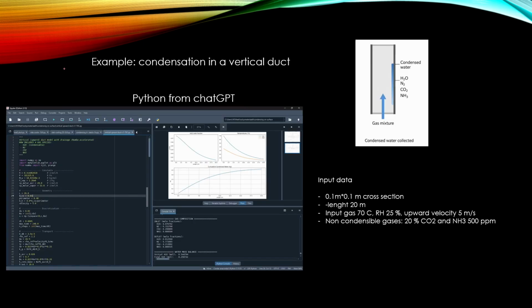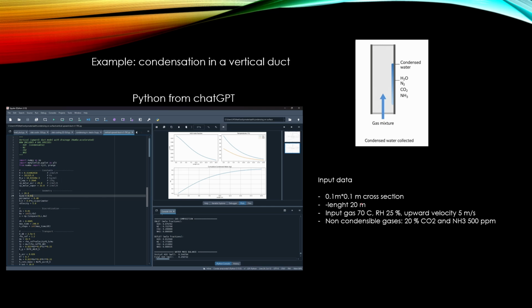Here we have an example in which we are modeling condensation in a vertical duct. The gas is coming from here, and in this gas mixture we have water vapor and some non-condensable gases.